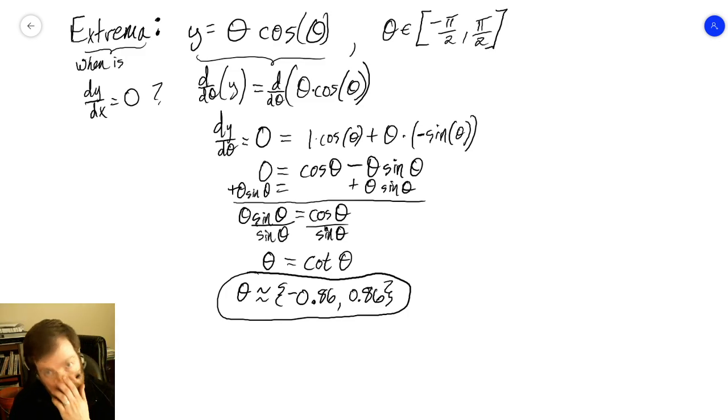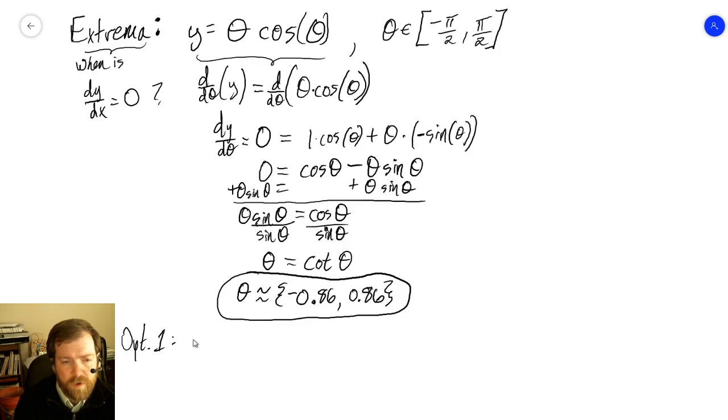Okay, so anyway, if you wanted to find out which of these was the min and which was the max, you've got kind of two options. One is you could take a second derivative and do the test off of that. Is there a way to solve it otherwise?